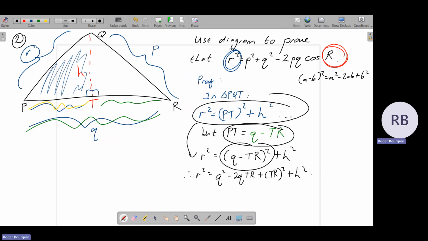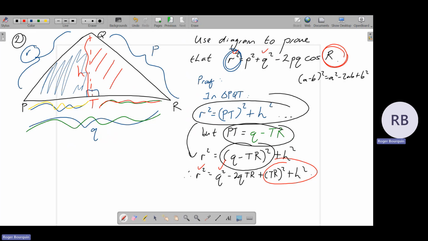Now, I look at what I was trying to prove. I've got the R squared, I've got the Q squared. The problem is some other mess. So the first thing I want to do is work out these last two terms over here. And remember, where's the right angle triangle with TR? Here's TR, and with H, here's H.